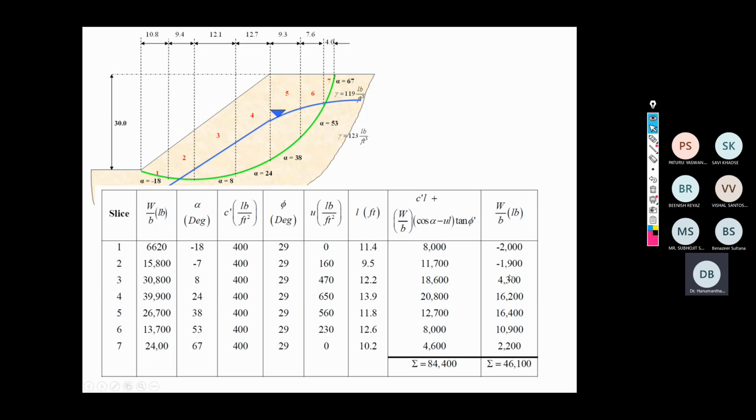Okay. So you need to make this kind of a table. This is the shear strength component, that is resisting moment, and the last one would be W by B sin alpha, no sir? This is sin alpha, correct? W by B sin alpha.